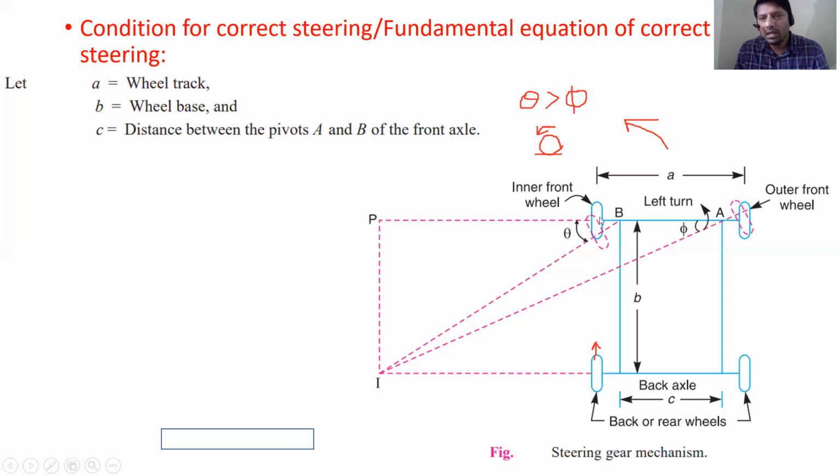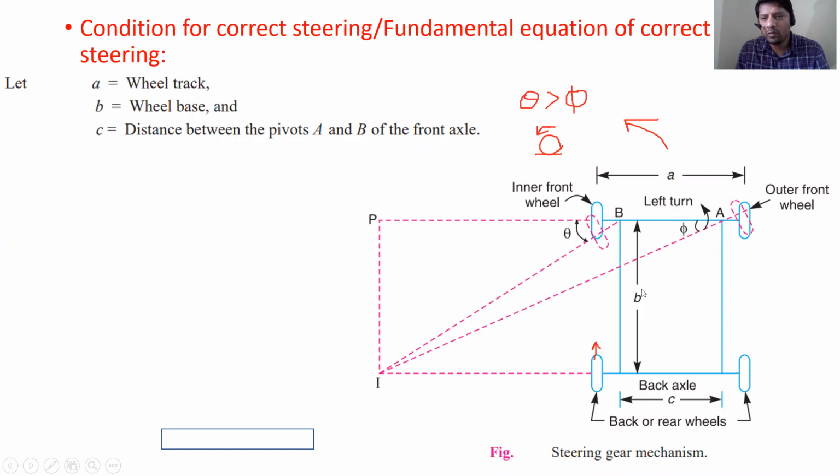Okay. Next term is wheelbase. So what is wheelbase? That is the distance B. You can define it as the distance between front axle and back axle, or in terms of wheels, it is the center to center distance between front wheel and back wheel.